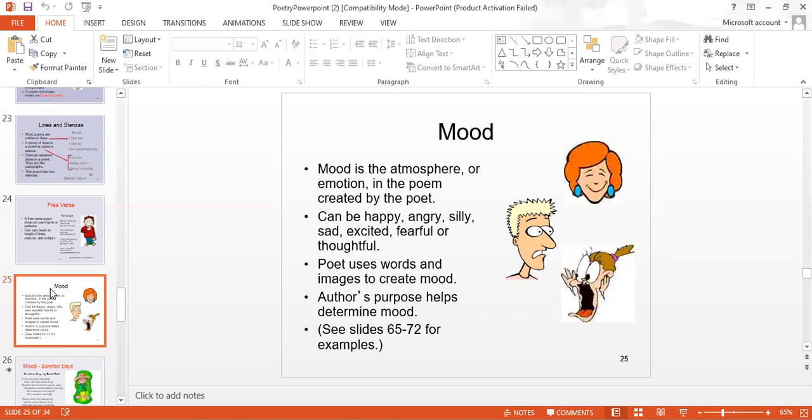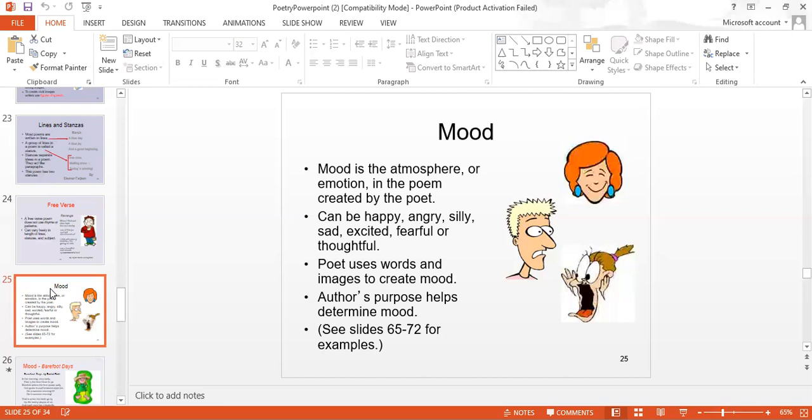For example, if a poet is writing about a sick person, how the person was suffering and crying, definitely that mood can't be happy or excited. So it depends on what the poet is writing about. That would determine the mood of the poem and the emotion that the poet is giving towards that topic.